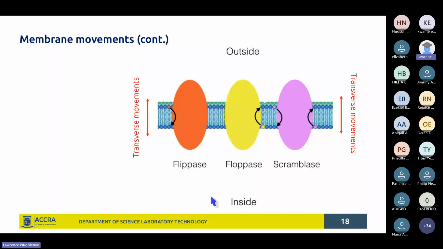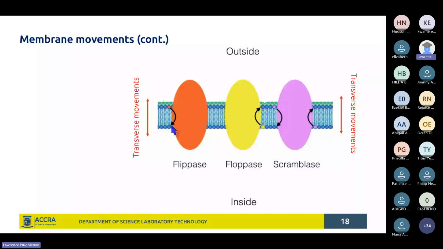Right. Now we can go to the catalyzed movements. The first catalyzed movement we are seeing here is with flippase. The enzyme is flippase, and that enzyme catalyzes flip movement. And flip movement is what? From outside to the inside, in. So the enzyme there is flippase.